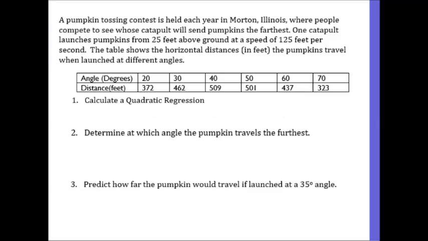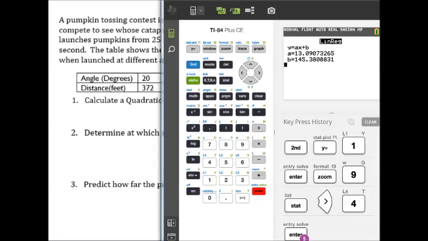So, as you see from the table, as the angle goes up, our distances first go up and then they go down again. Well, let's see what that really looks like on a scatter plot, and then we're going to go ahead, use our calculator, plug in the data.